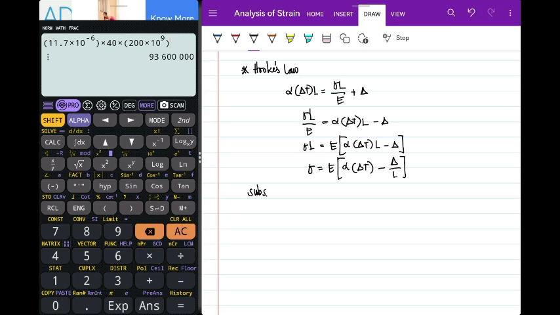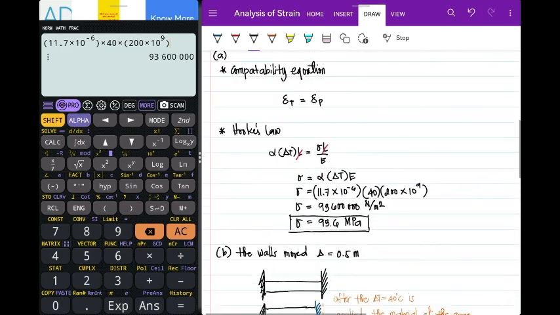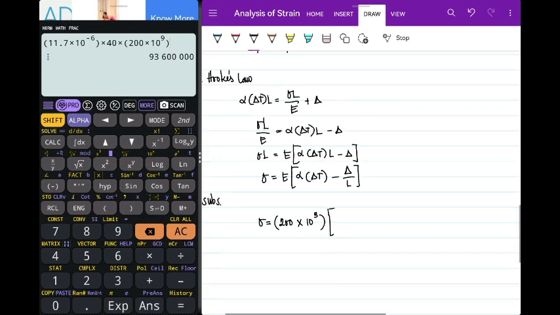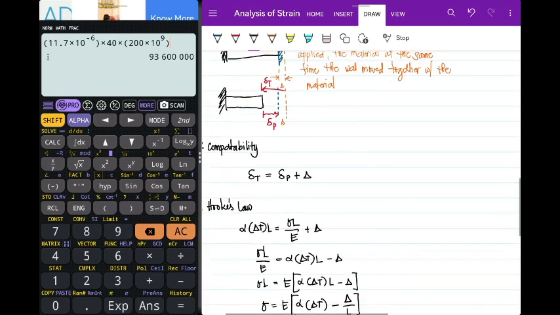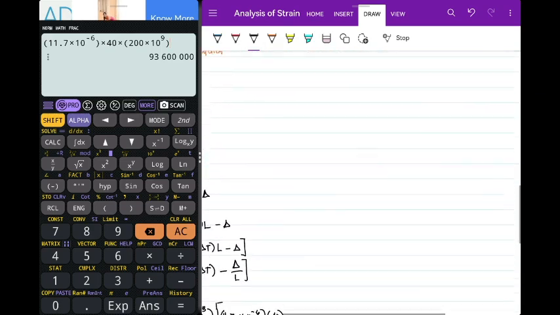Now we are to substitute our formula. So that's stress is equal to our modulus of elasticity, which is 200 times 10 to the power of 3. I know that the E provided is in gigapascal, but if we are to use times 10 to the third power, it simply means that's 200 times 10 to the power of 3 megapascal, or Newton per mm squared. Next, we substitute our alpha, which is 11.7 times 10 to the negative 6. And then our change in temperature, which is 40.